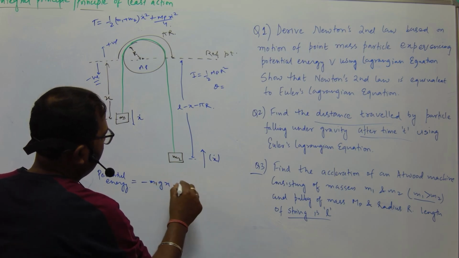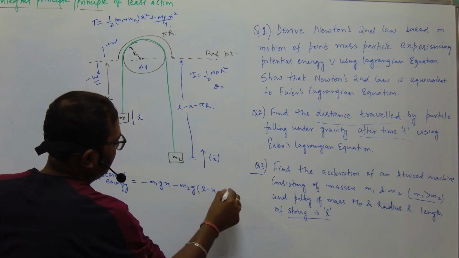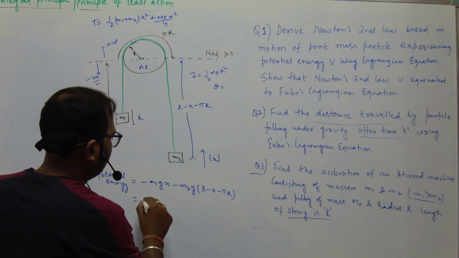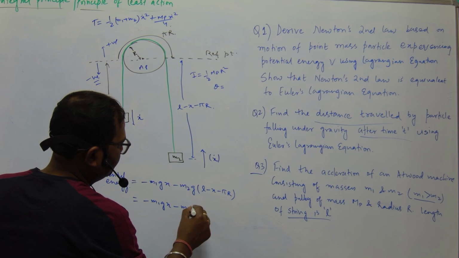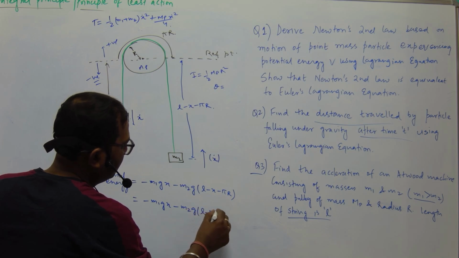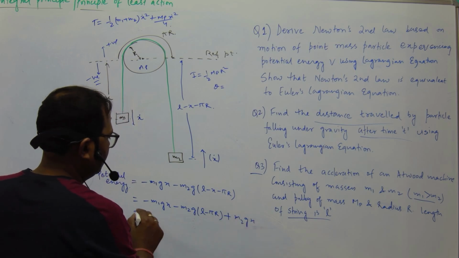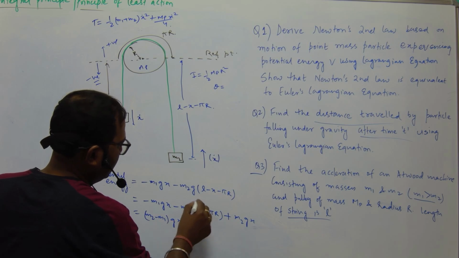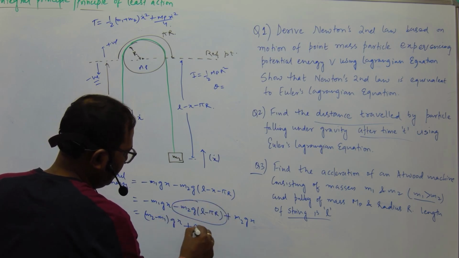For m2 we have minus m2 g times minus x, as simple as that. So V is equal to minus m1 minus m2 g x. This whole term is constant, plus a constant, capital A.